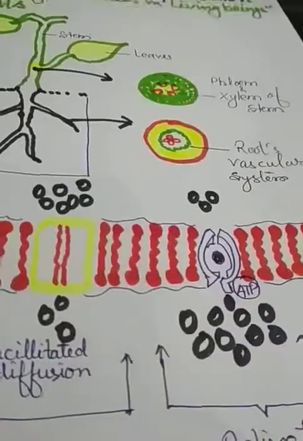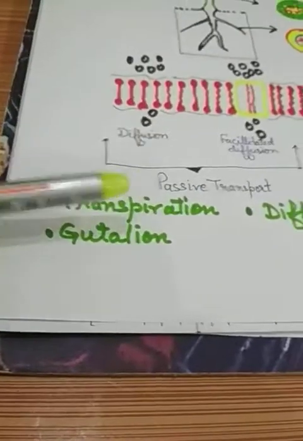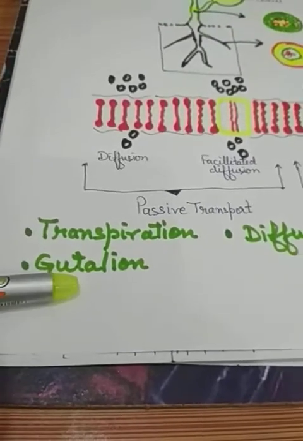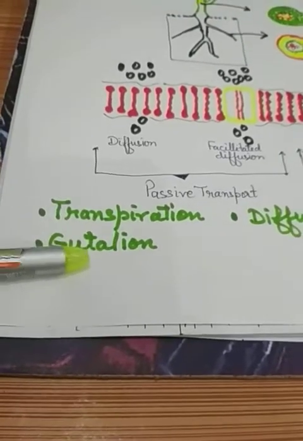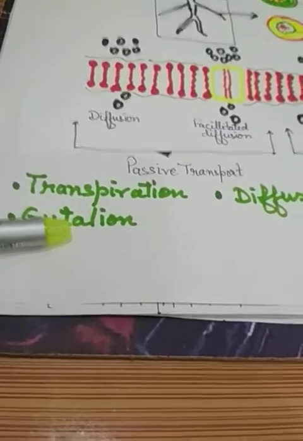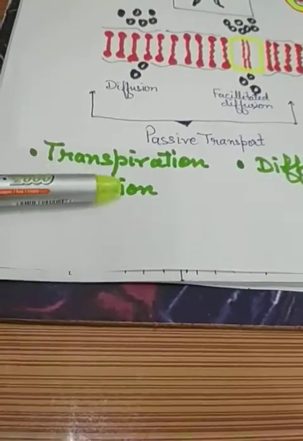Sometimes you might have seen in your surroundings that water gets deposited on the leaves of several plants, like lotus. You may have seen guttation on the lotus leaves.